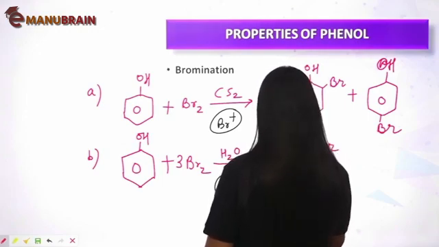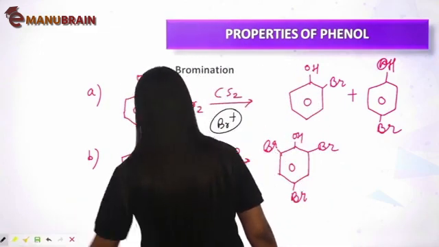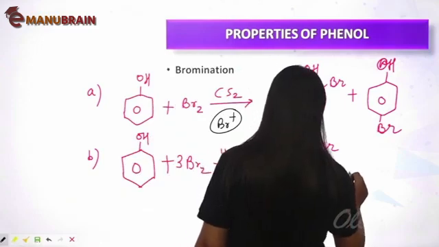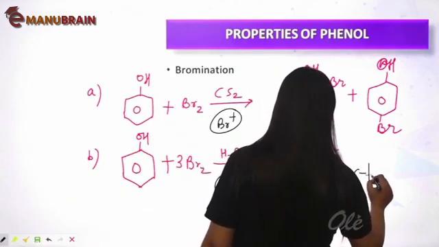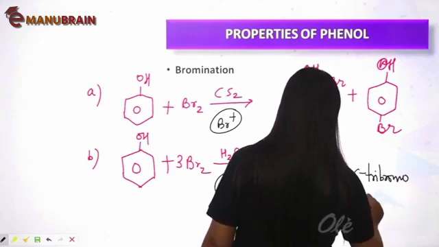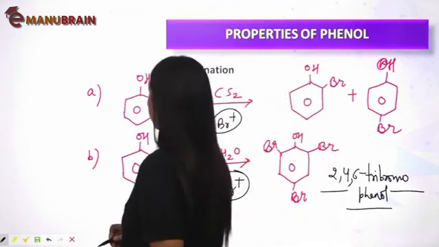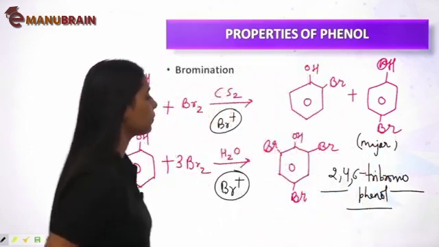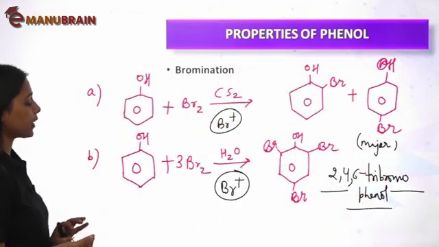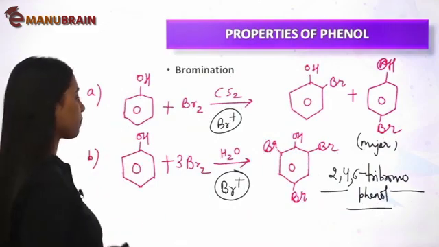So it will result in the formation of 2,4,6-tribromophenol. The para one is the major one. So these are the two cases when you use different solvents, okay, in case of bromination.